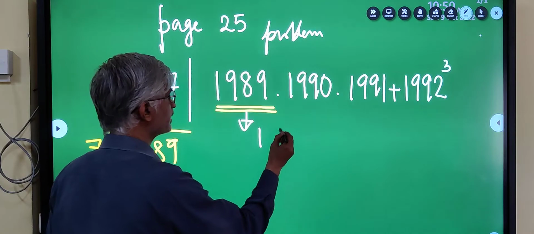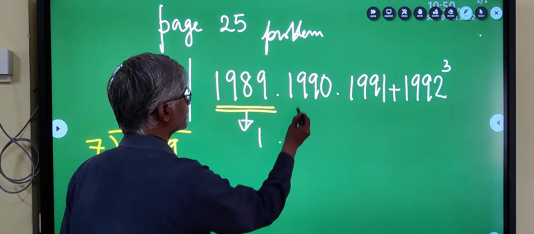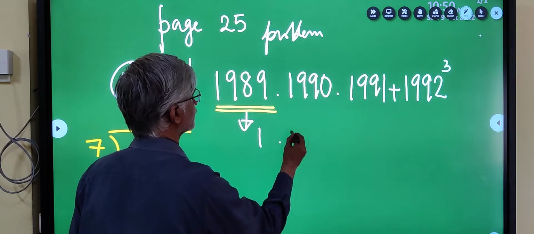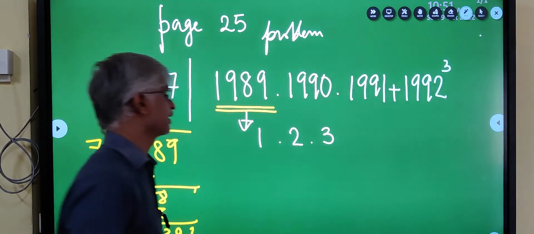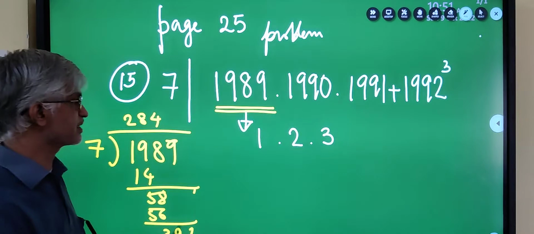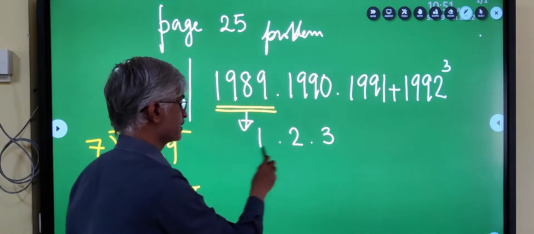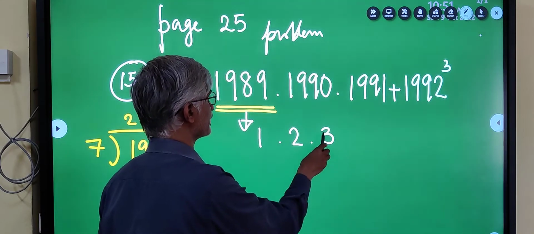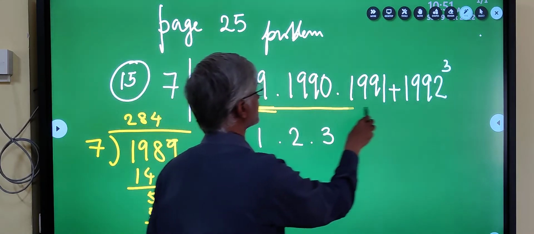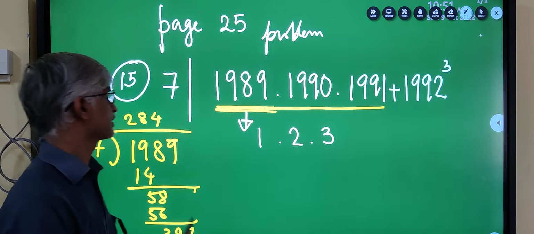And now one quickly concludes that the remainder of 1990 when you divide by 7 is 2, and for 1991 it is 3. Now the theorem says that instead of multiplying the numbers, you can actually multiply the remainders. So we multiply 2 into 3 to get the remainder of this product divided by 7.